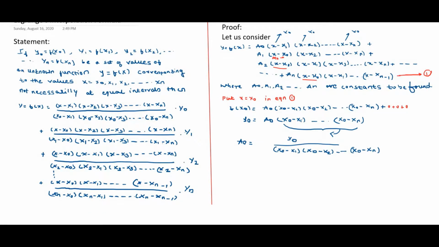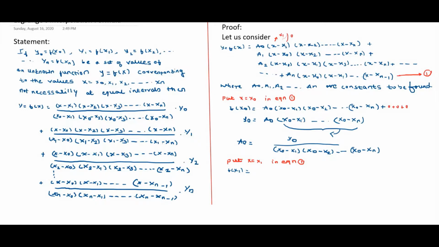Now put x is equal to x1 in equation 1. In equation 1, f of x1 is equal to: in the first term, if you substitute x is equal to x1, this x1 minus x1 you will get 0.